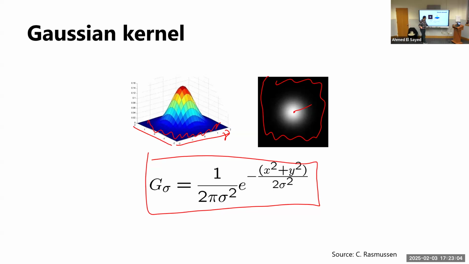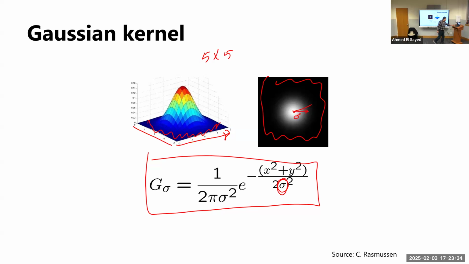Yes, 5 by 5. So 1, 2, 3, 4, 5, and 1, 2, 3, 4, 5. So this is 5 by 5. The other thing that we describe the filter with is the sigma, which describes the width of this white area.